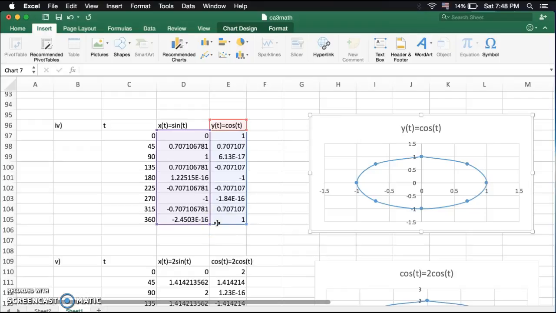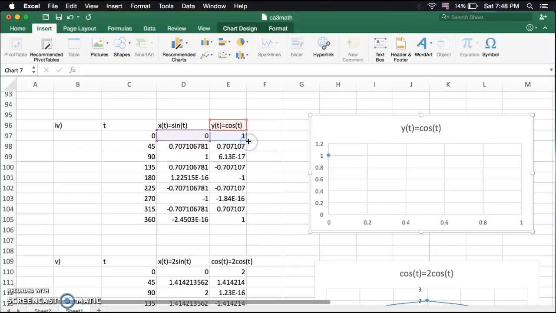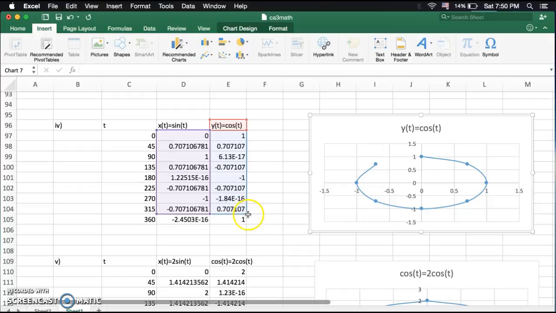For the first one, the circle is centered at (0, 0), which you can see, and the radius is 1.